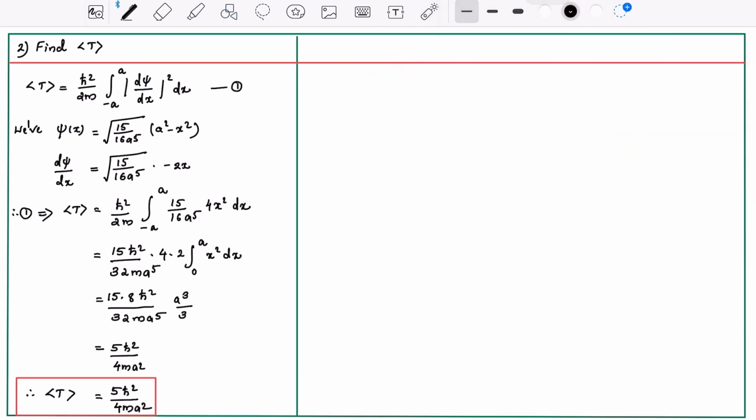Now let us find out the expectation value of potential energy V. The equation for the expectation value of potential energy is integral from minus a to a of ψ star V ψ dx, that is equal to integral from minus a to a of ψ star, instead of V we have g mod x, into ψ dx, because the given potential is g mod x.